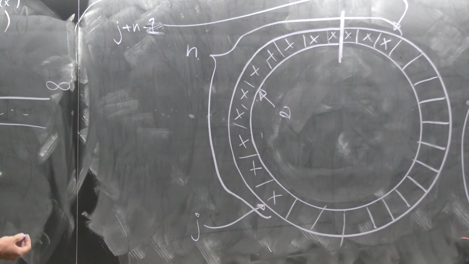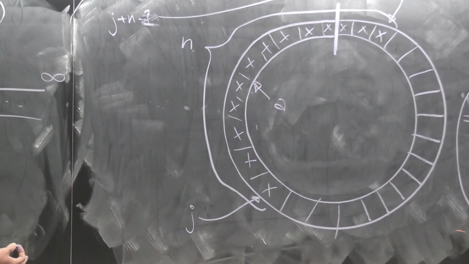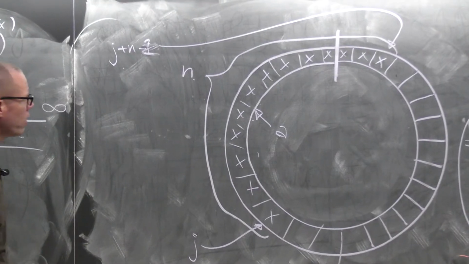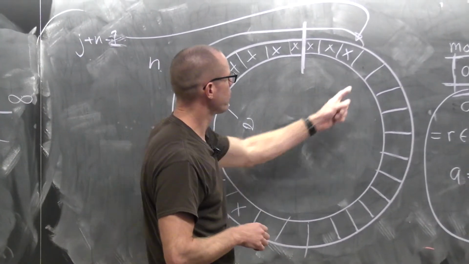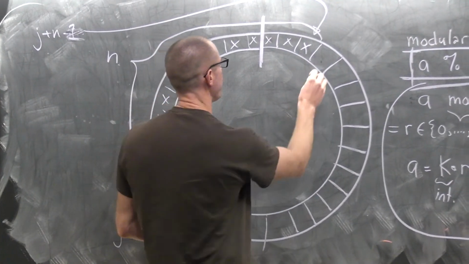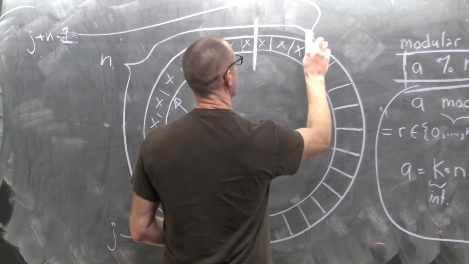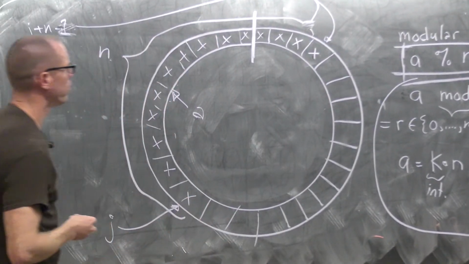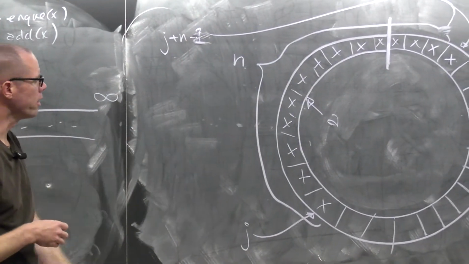Now, if we want to add something to the end of the queue, it's exactly the same procedure. We go to array position j plus n. That's this thing here, right? We write something there, and we increase the value of n. So that's how we add to the end.